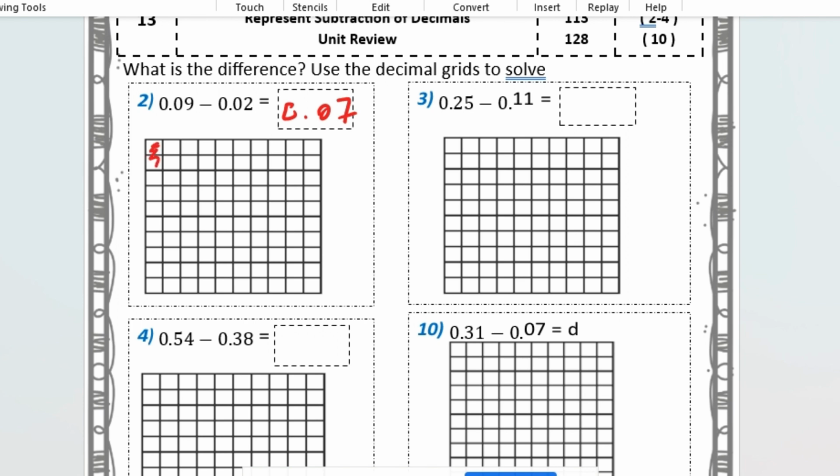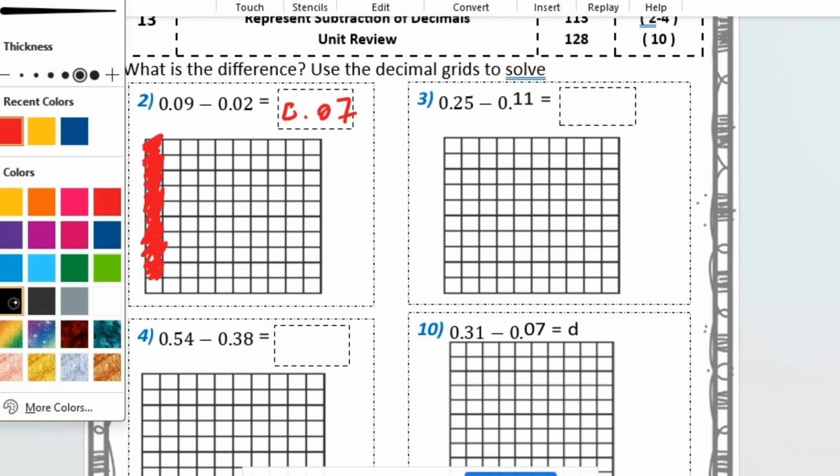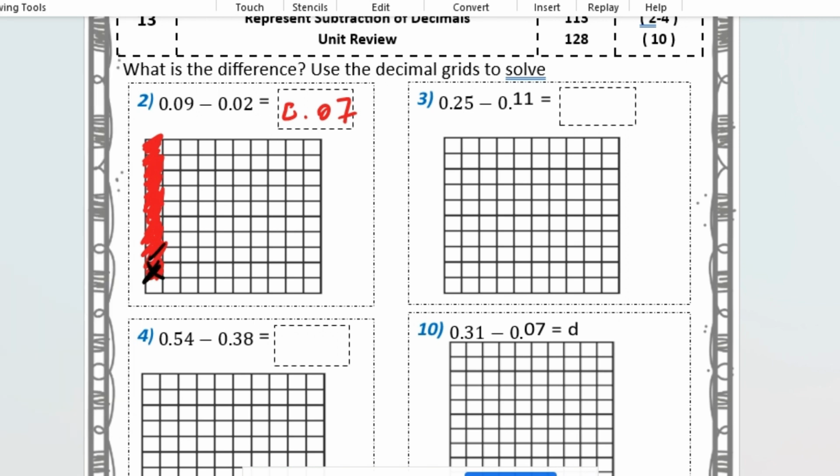It's like this. 1 2 3 4 5 6 7 8 9. We have 9 squares. Okay, take away 2 squares, so the answer is 7 squares.